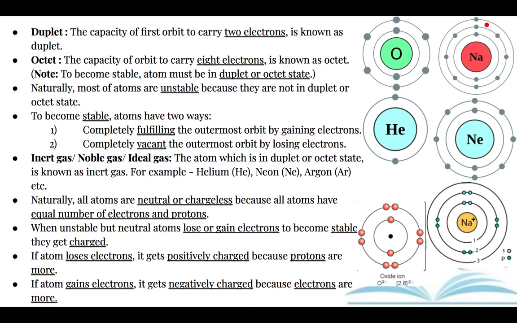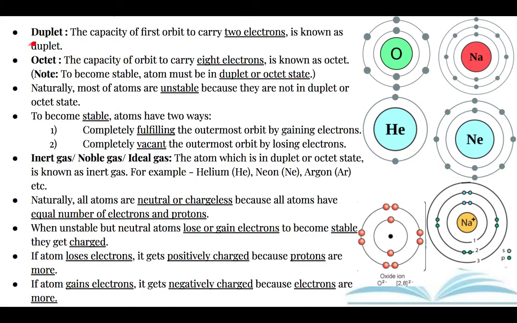So here the capacity of that orbit to carry electrons, for example, the first orbit can carry 2 electrons, and this capacity of carrying 2 electrons by the first orbit is known as duplet. Similarly, the second orbit onwards, they can carry 8 electrons, and this capacity is known as octet.